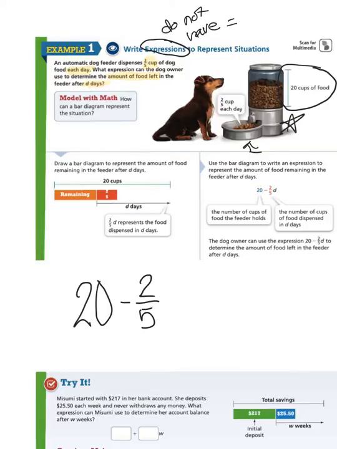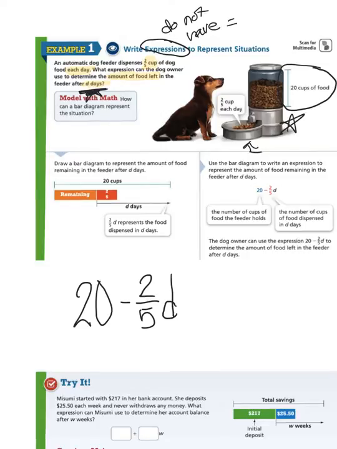So we have 2/5 a cup each day, and we know that day is going to be represented by D. So now we have successfully written our algebraic expression. In this particular case, it's not asking us to solve for D, we are just writing the expression.